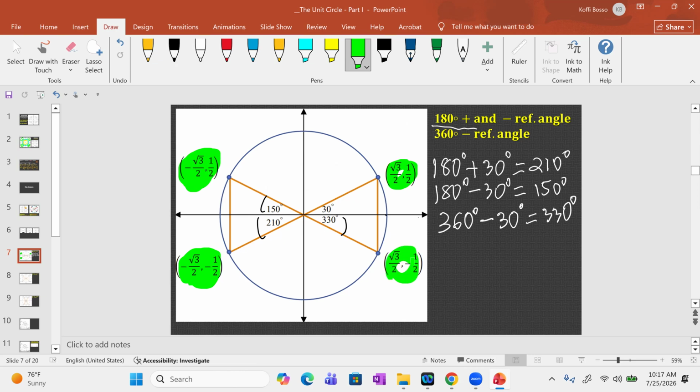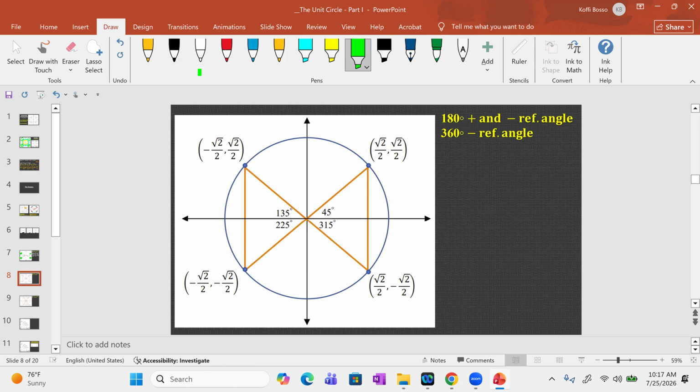If I go here, you'll see the x value, the first value, is positive, and the y value is negative. So from here, you know how to find the angles and how to write the same coordinates we're using, except that you have a positive or negative sign based on the location of the point in the quadrant.